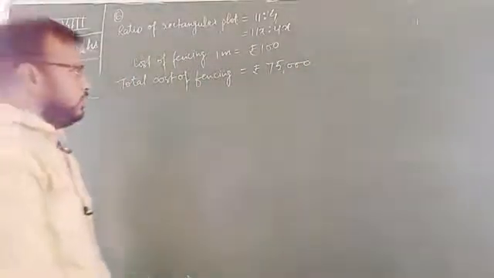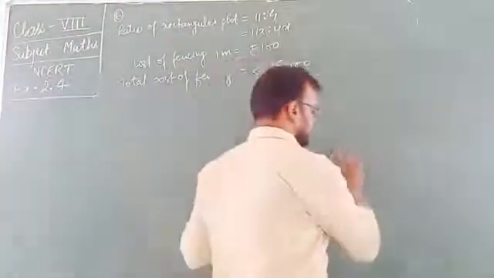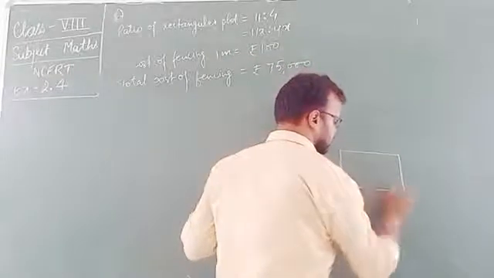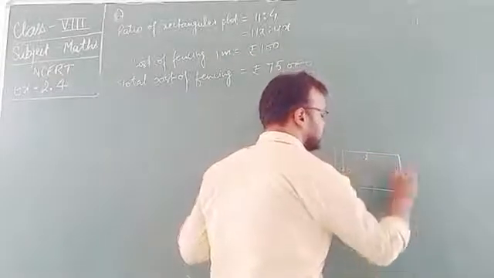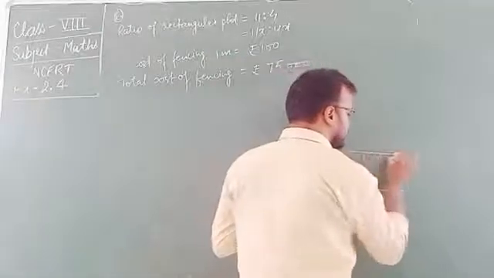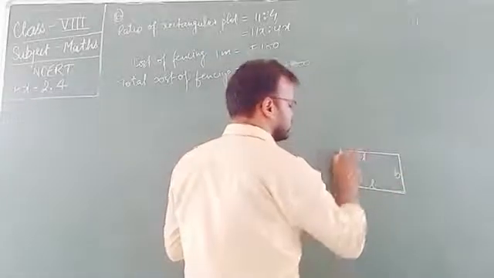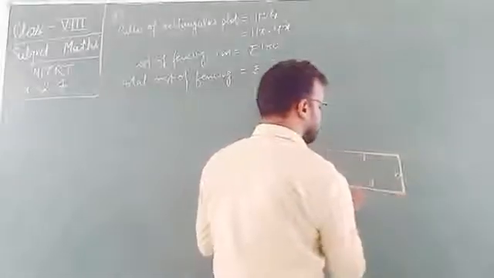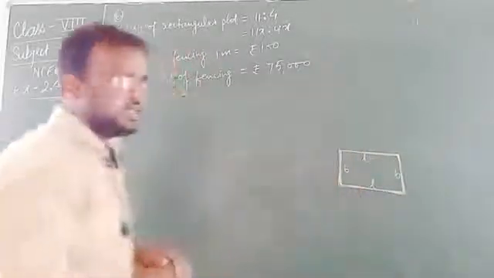Now, what is the fencing? See here. If you take any rectangle, this is length and this is width, again this width and length. Fencing in the sense that we cover this plot by all the four sides. It means this is the perimeter.